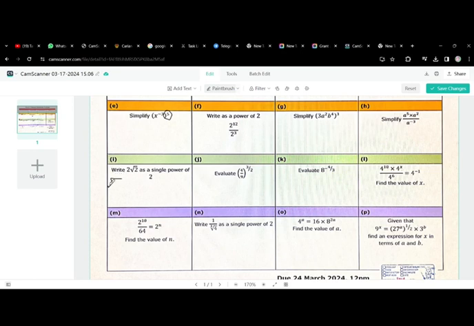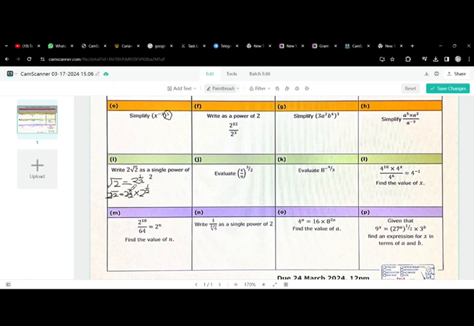Square root of 2 equals 2 power of 1 over 2. Now 2 square root of 2 will equal to 2 power of 2 over 2, which is also 1, times 2 power of 1 over 2.